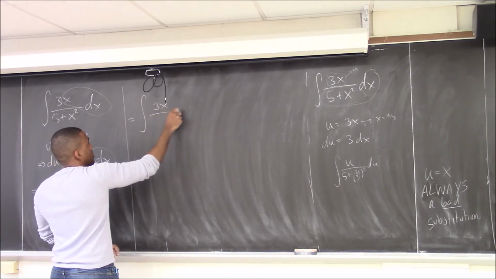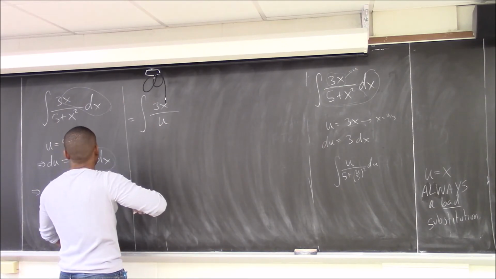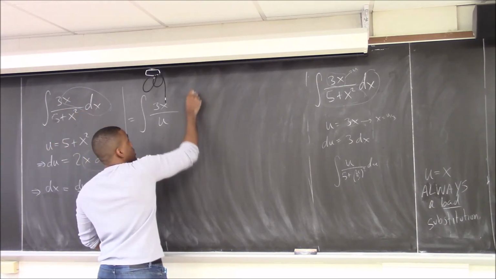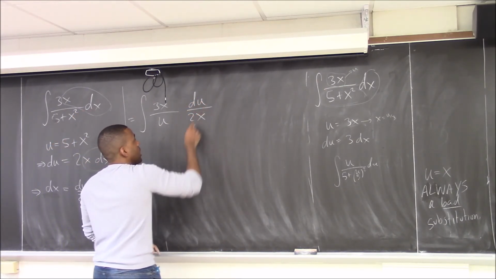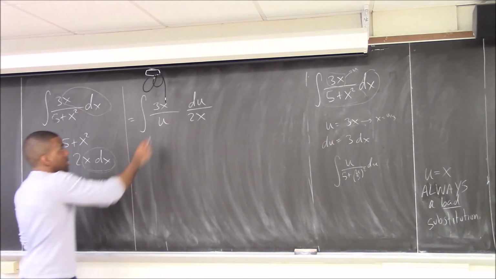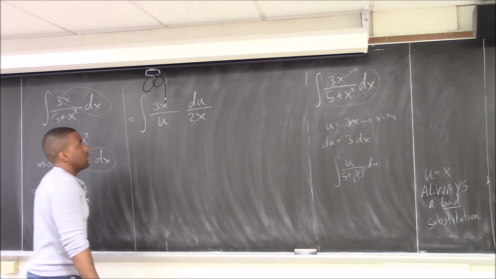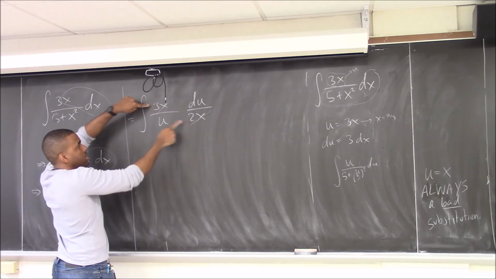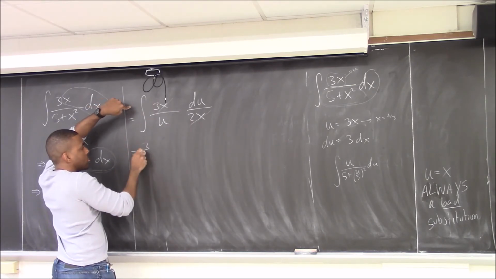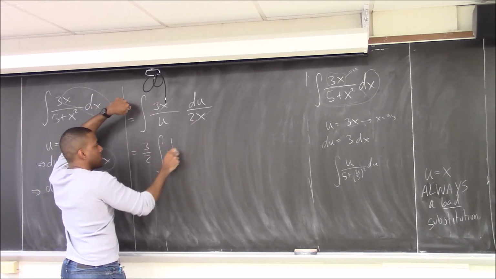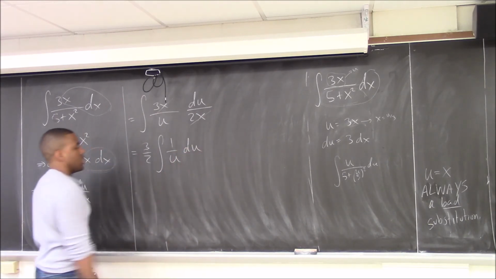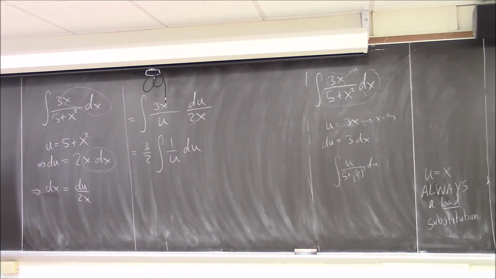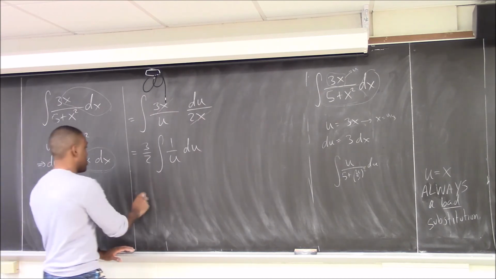So the 3x I didn't do anything with. The denominator I replaced with u. The dx I replaced with du over 2x. The x's cancel. 3 and 2 are constants. I can factor them out. And so I end up with that. It's a guy we've seen often before.